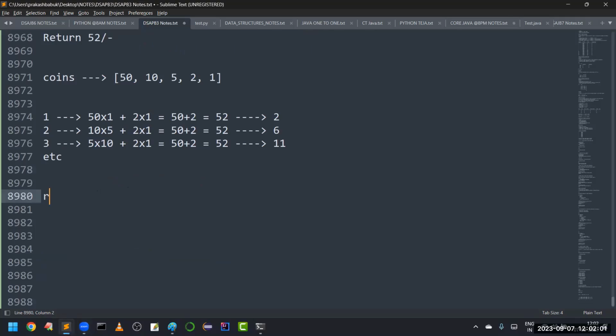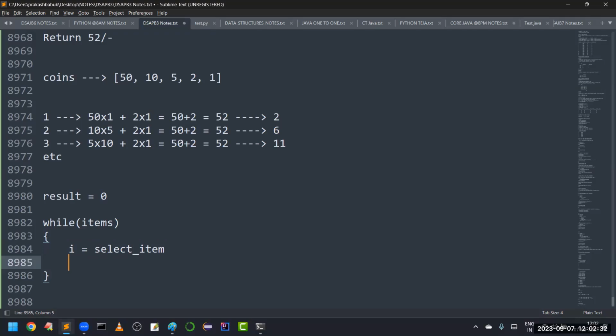In this case, initially we will consider result is equal to empty or 0. Then while all items are not yet considered, we will select items one by one. Which item do we have to select?